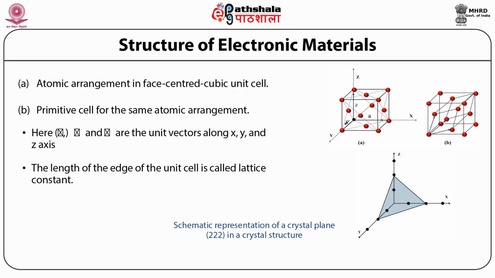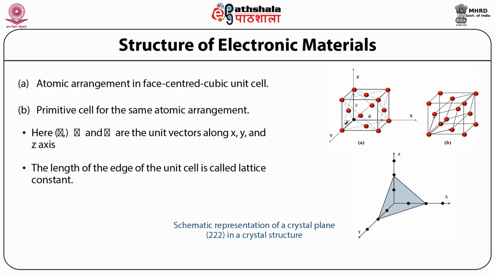As shown in the figure on the right hand side, the intercepts along the x, y and z axis are 2, 2, 2 atoms from the origin. If we take the inverse of these intercepts, it gives 1 by 2, 1 by 2 and 1 by 2, which after multiplication by the least common factor provides the smallest integers 2, 2 and 2.